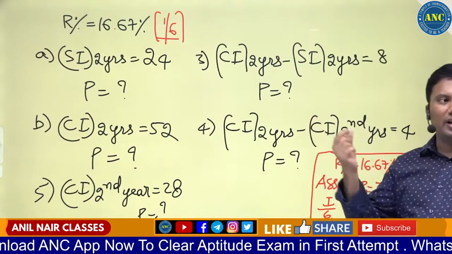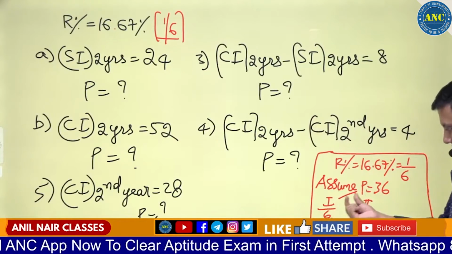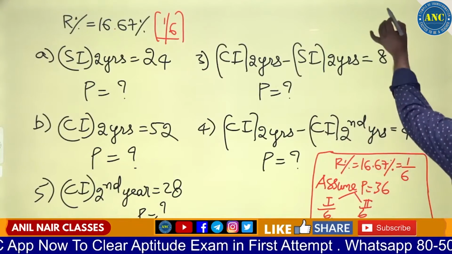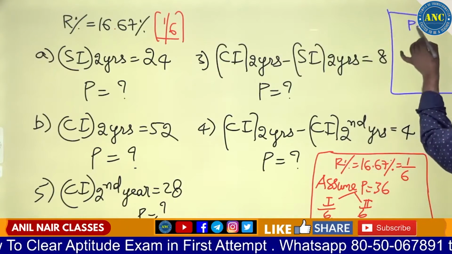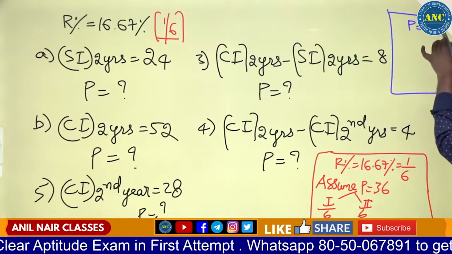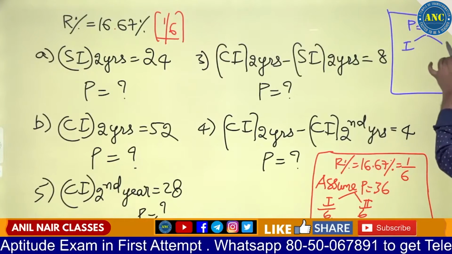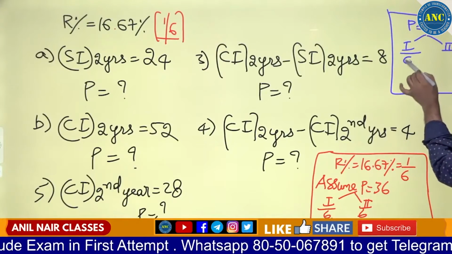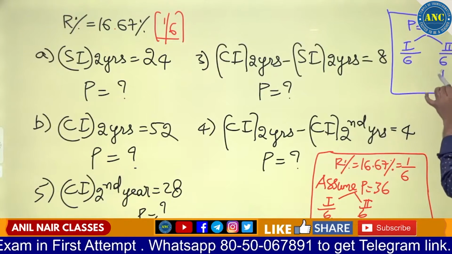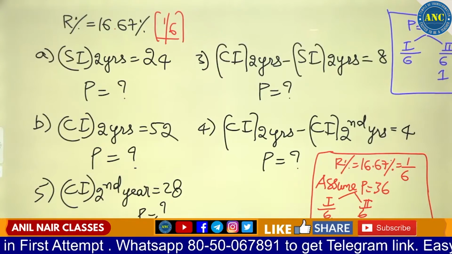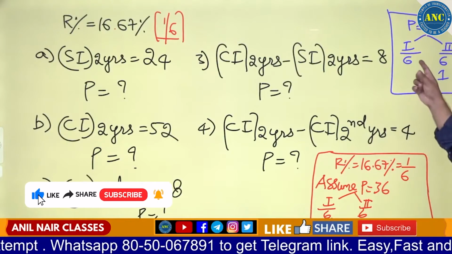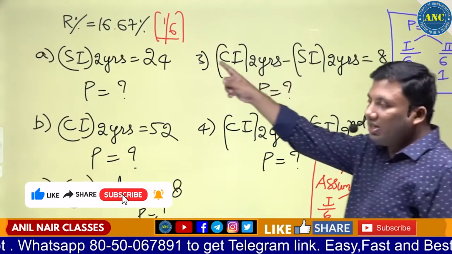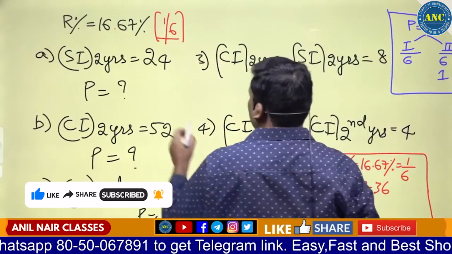SI for 2 years, it is 24. 6 plus 6, 12. 12 is becoming 24, 2 times.